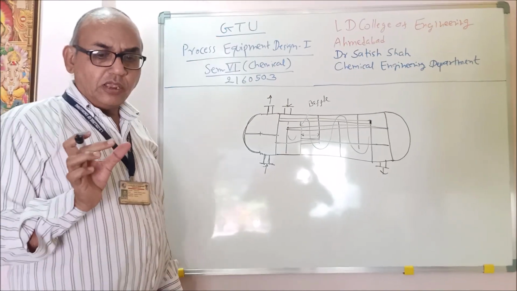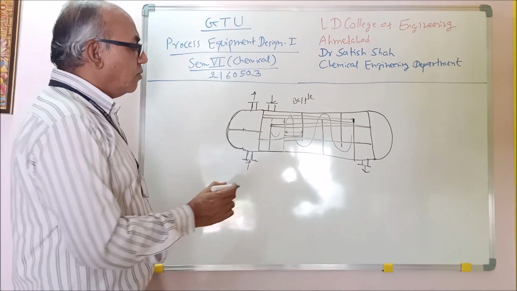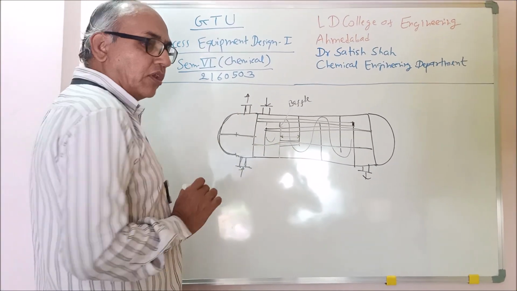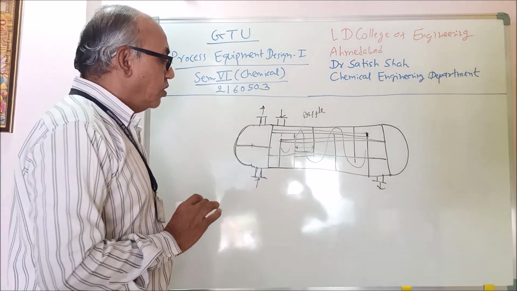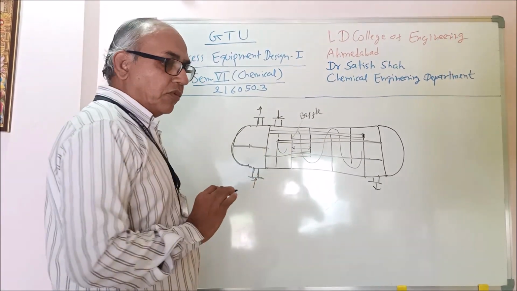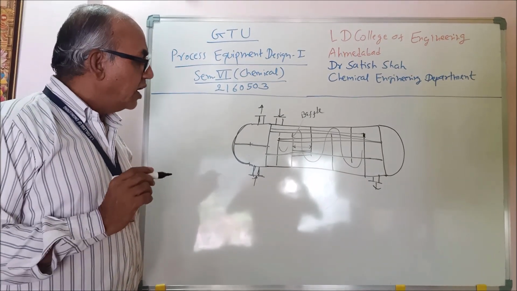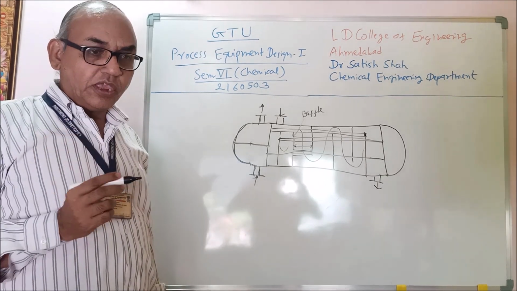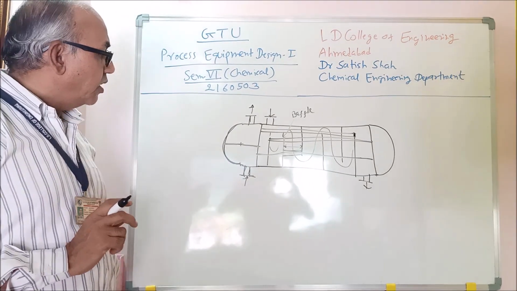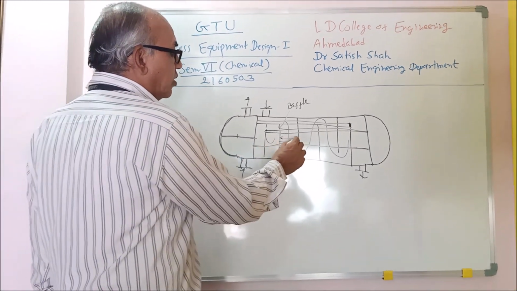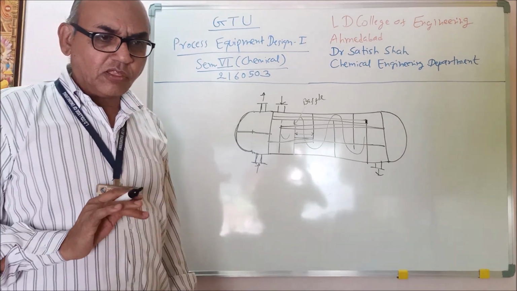That will be equal to the baffle spacing, and it will keep the baffles in tight position. So that is the role of the spacer, and this is the tie rod. The diameter of the spacer, if you see, is more than the tube diameter. So at no time will it enter the tube hole, and it will maintain the baffle spacing as it is. So these are the general parts of the shell and tube heat exchanger.